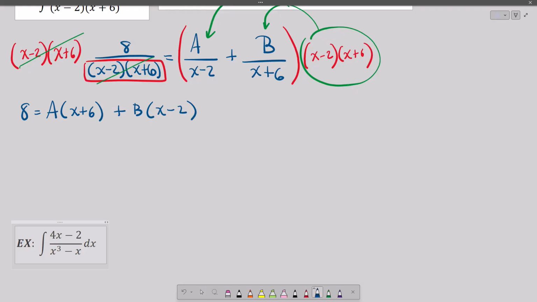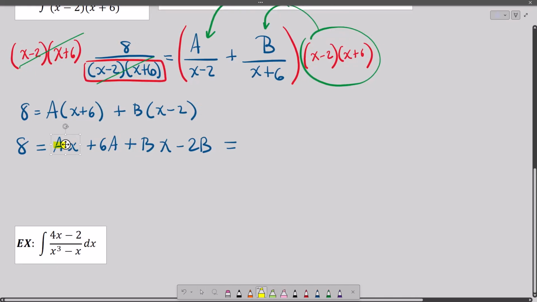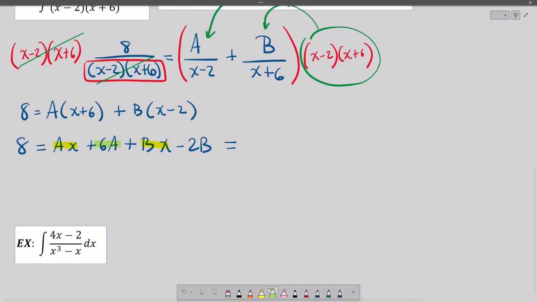So here's what we're going to do next. There's two techniques at this stage. We're going to learn the traditional technique first. So we distribute the A, distribute the B, and I'm going to group the like terms together.